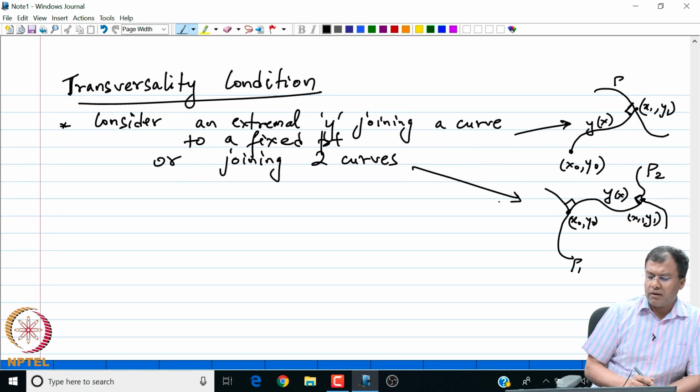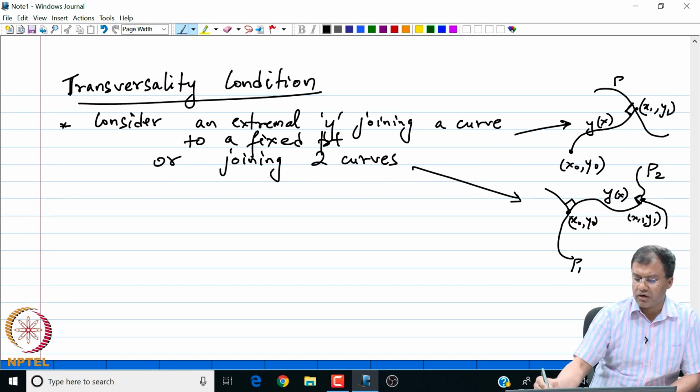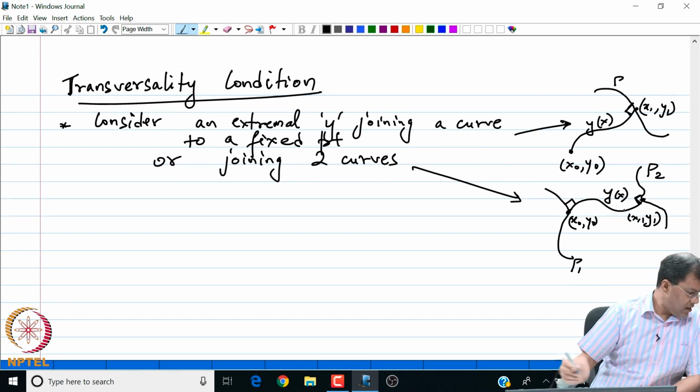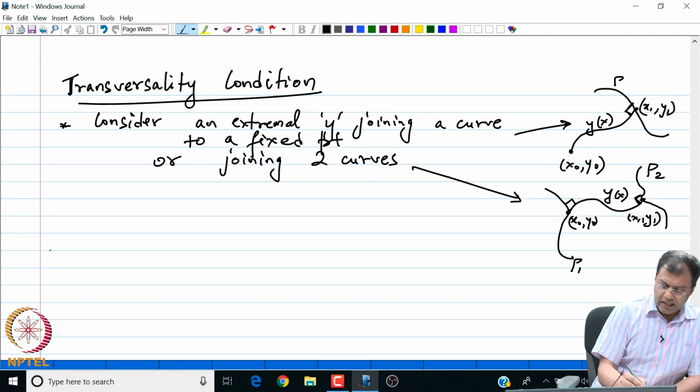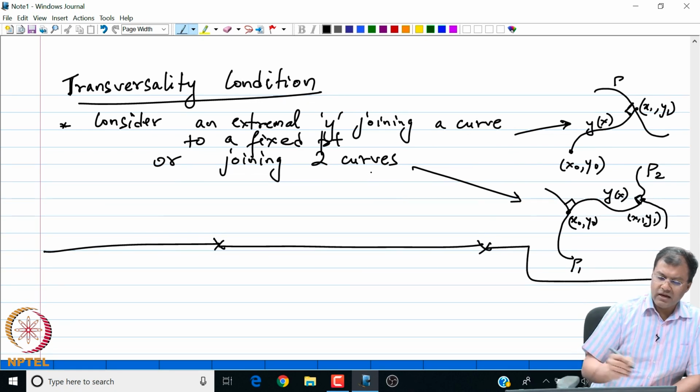More often than not, many of these problems will involve, for example, finding the shortest distance between a point and a curve, or the shortest distance between two curves, right. So, how do we approach such a scenario?